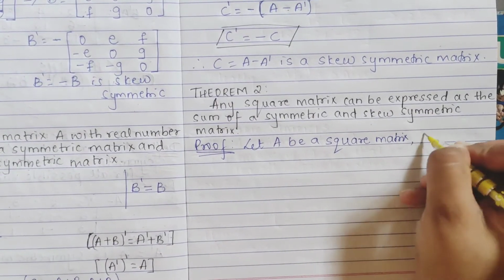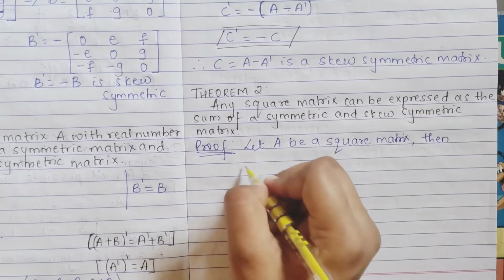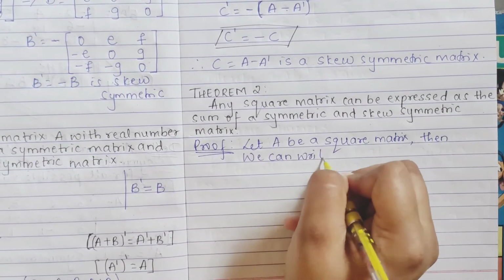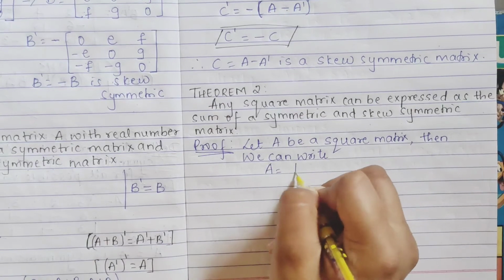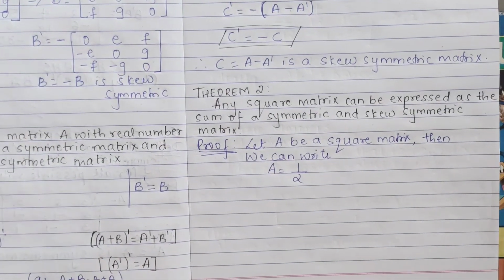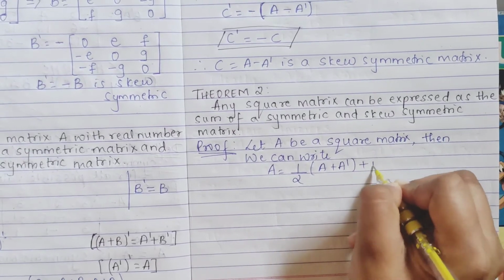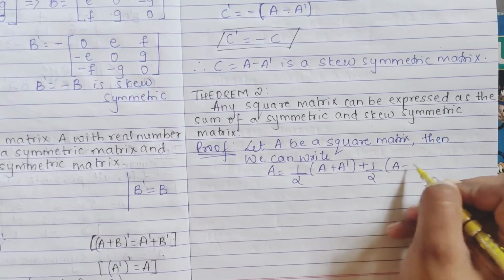Then we can write A is equal to half of a symmetric matrix plus half of a skew symmetric matrix.